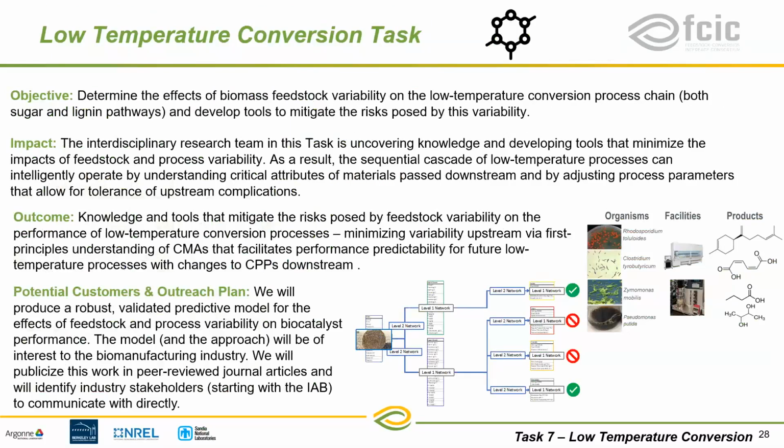Low temperature conversion task, again, this is the one we talked a little bit about earlier. Like the high temperature conversion task, it's focused on predicting the performance of the conversion process based on the properties, the attributes of the biomass entering the process. Unlike the high temperature pathway, the low temperature researchers are using a machine learning or artificial intelligence approach to do that modeling work.